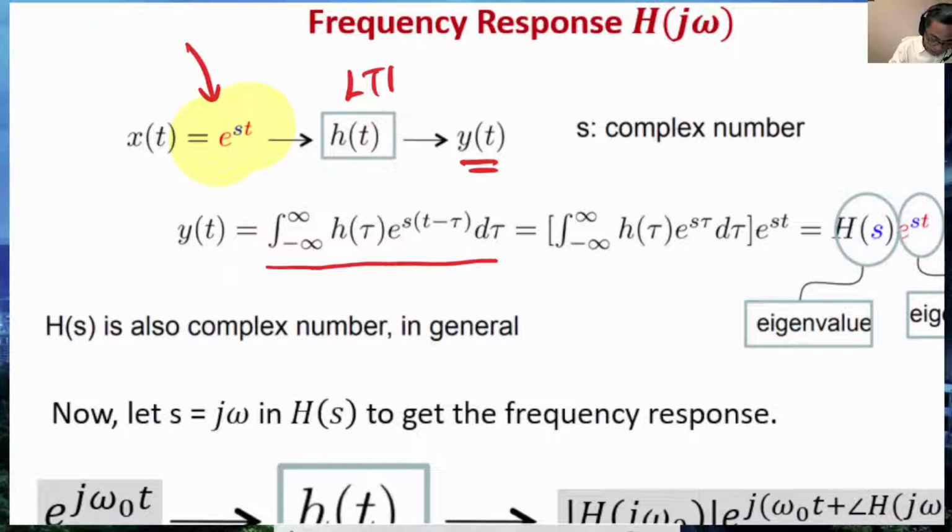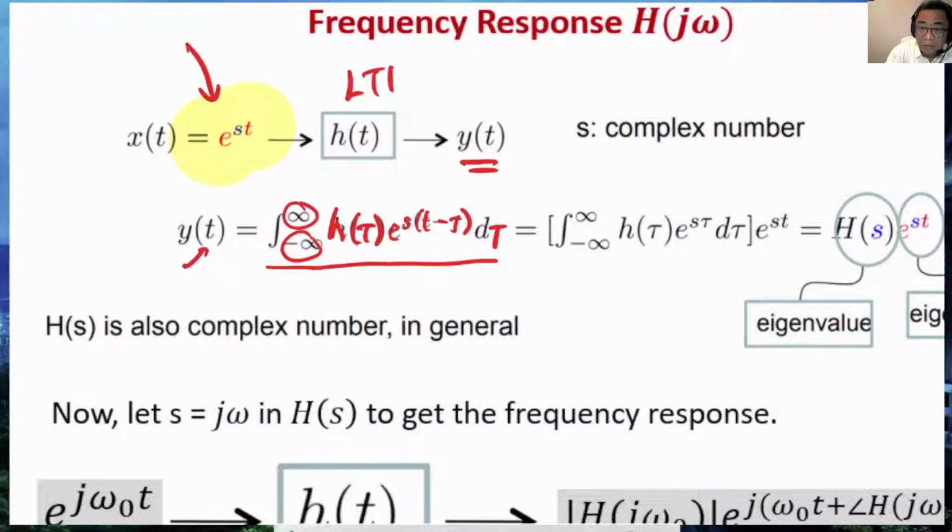The convolution equation is nothing but the integral of the impulse response h(τ), where the dummy variable is τ, and the input is e^{s(t−τ)} for all τ, to get only one t.